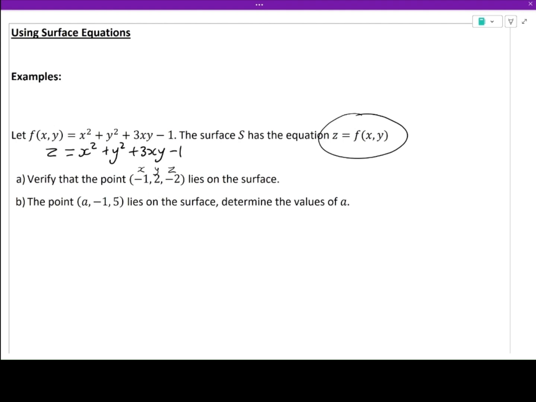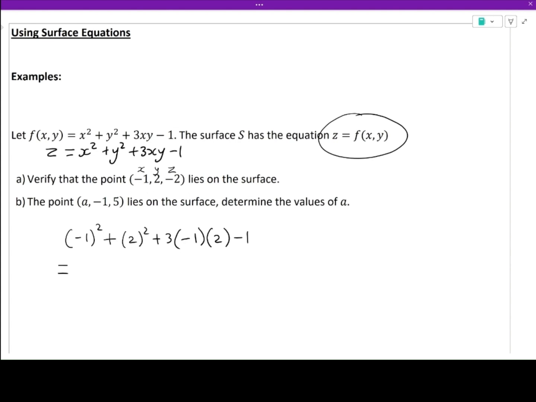So let's substitute in. You've got x squared, which is going to be -1 squared, plus y squared, which is going to be plus 2 squared. Then we've got plus 3xy, so it's going to be plus 3 lots of x, which is -1, times y, which is 2. And then we've got -1, like that.